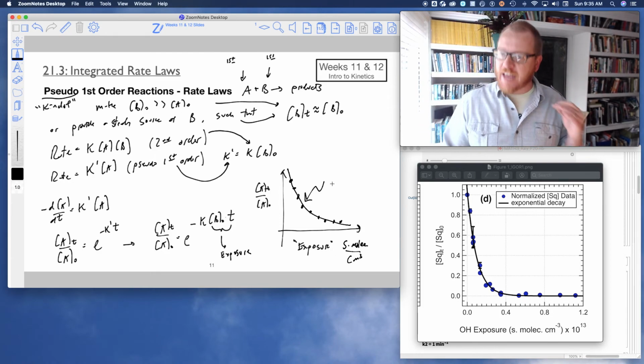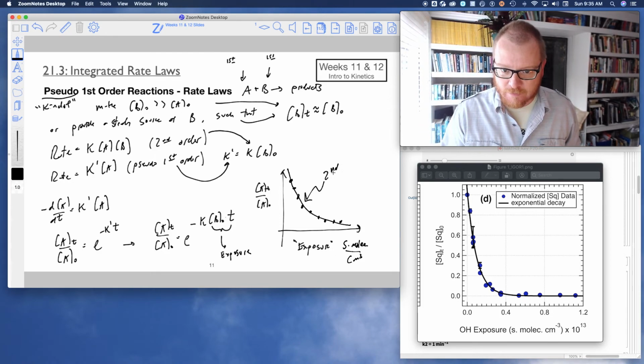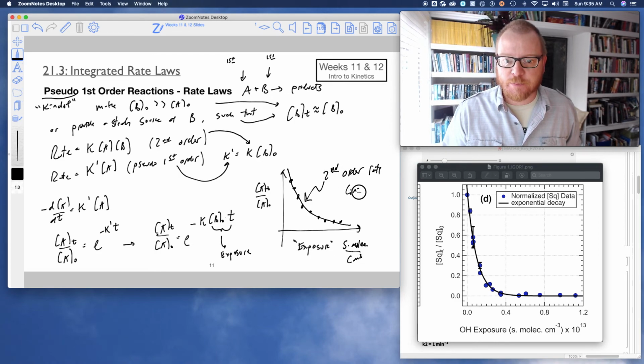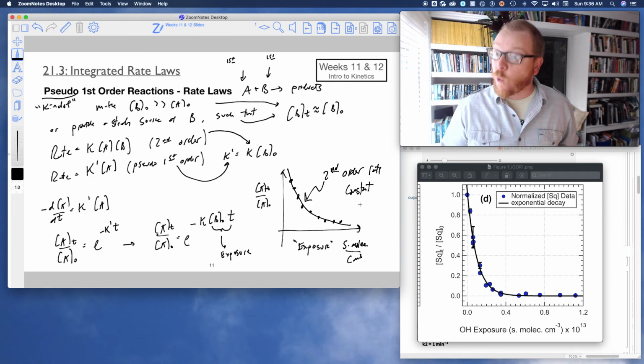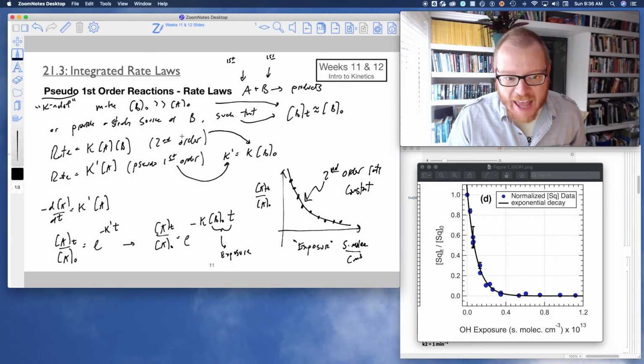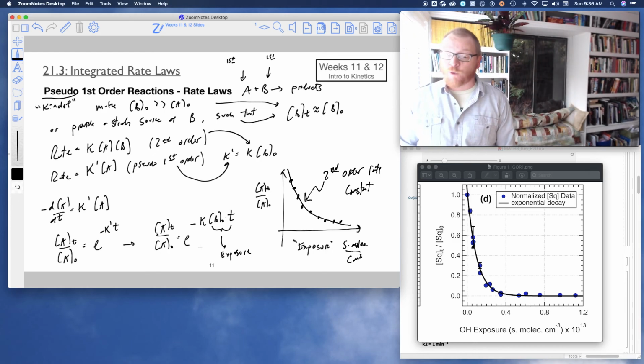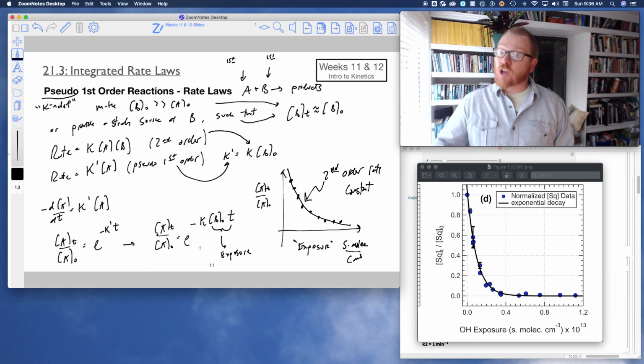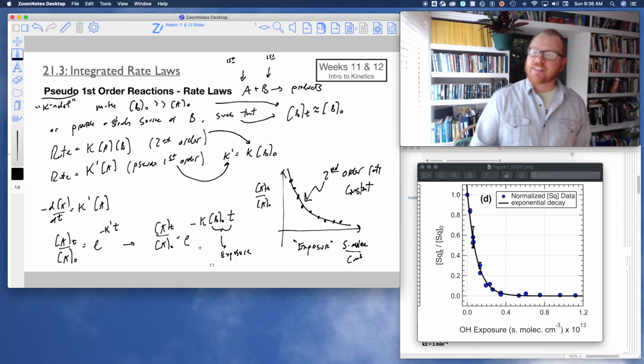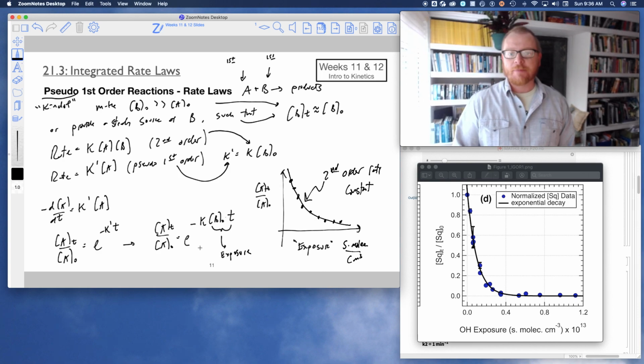I get the second order rate constant. Okay? Even though it's plotted as a first order, right? We remembered that k, not k prime, k is the true second order rate constant. So I can get the second order rate constant out of this thing by doing this in pseudo first order conditions and plotting it as concentration versus exposure. Okay? So I've run out of room on this slide.